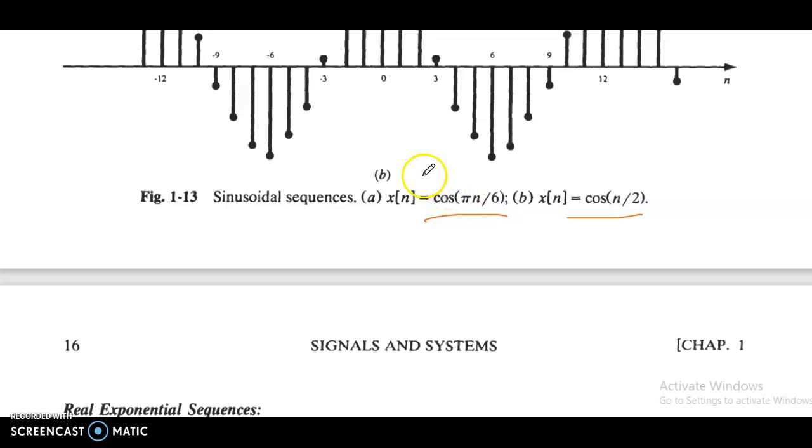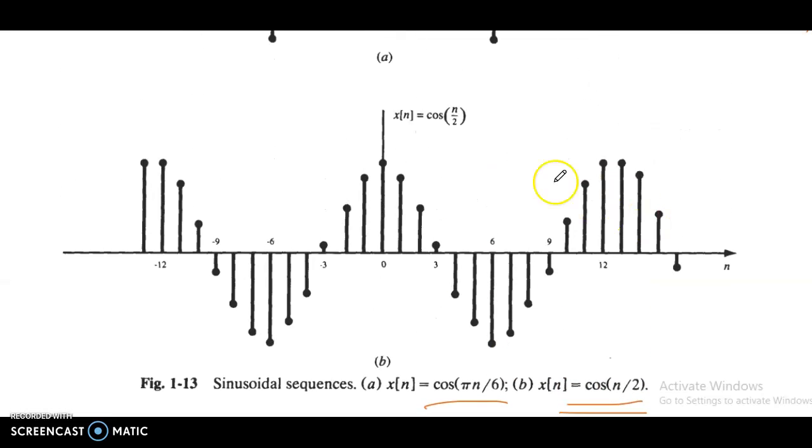Then in figure b, the sinusoidal sequence is x of n equal to cos n by 2, with n values minus 12, minus 9, minus 6, minus 3, 0, 3, 6, 9, 12, and so on.